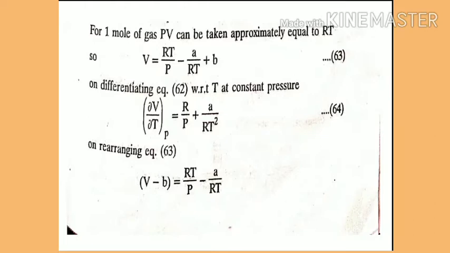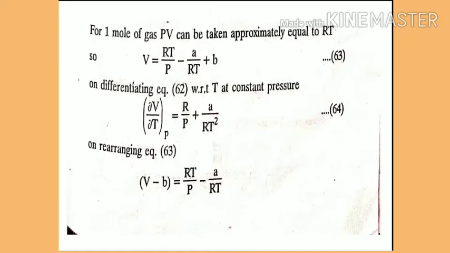So we get del V upon del T at constant pressure equal to R upon P, because differentiation of T with respect to T is 1, and differentiation of minus A upon RT is equal to plus A upon RT square, and differentiation of B with respect to T will be 0. So we will not write this, and we get equation number 64.